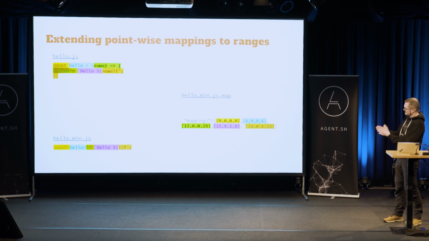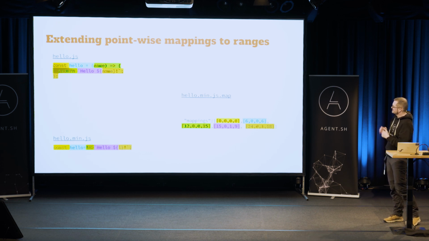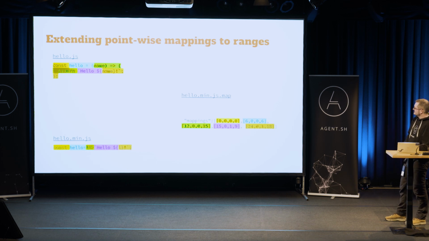We take the range from one mapping until the next one starts, and treat this as one mapping between the files. In this case, the first starts at 0 and the second starts at 6. So we take everything from 0 to 5 and consider this as one range that maps back to the const.